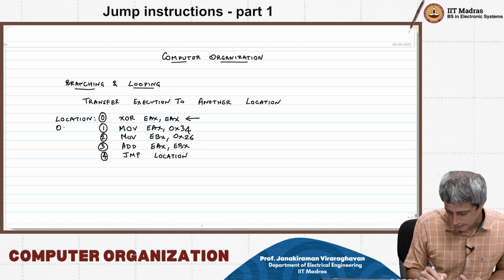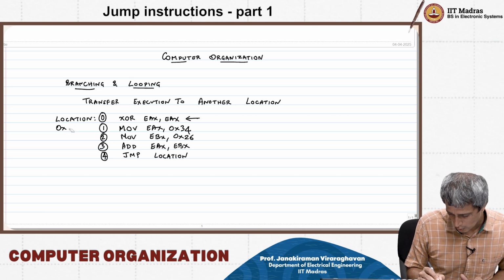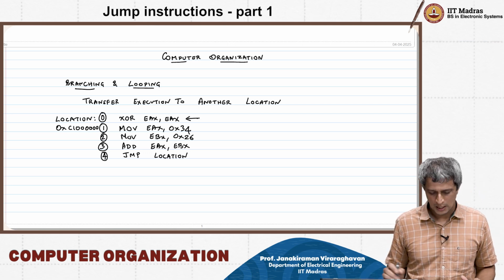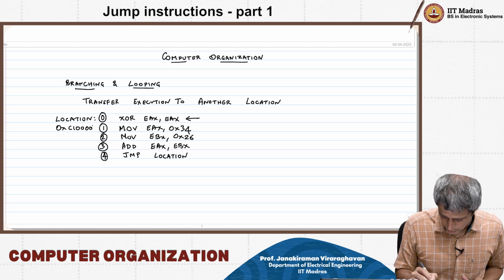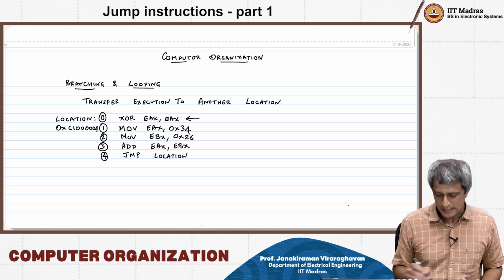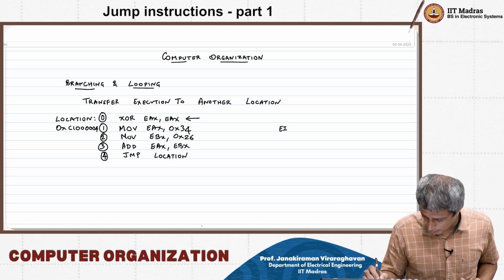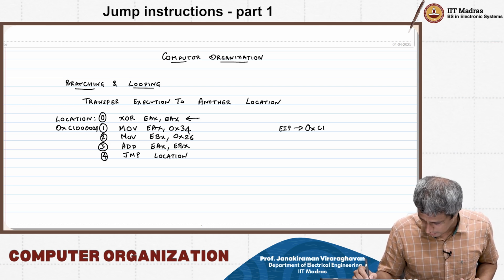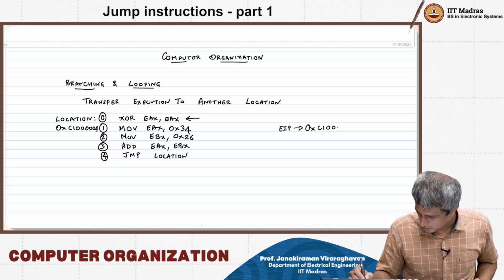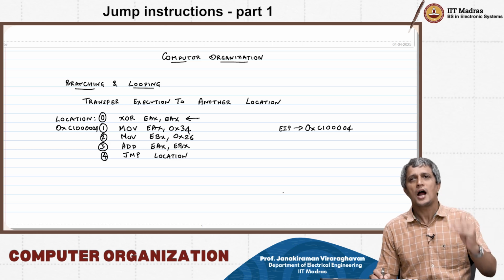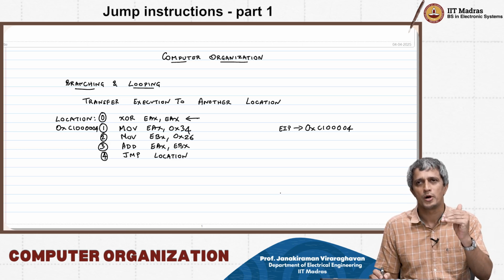Let's assume that is 0xC100, or let me call this 04. So my EIP, instruction pointer, I am going to assume that I have loaded it with 0xC100 004, and I said start executing the program from this particular point.